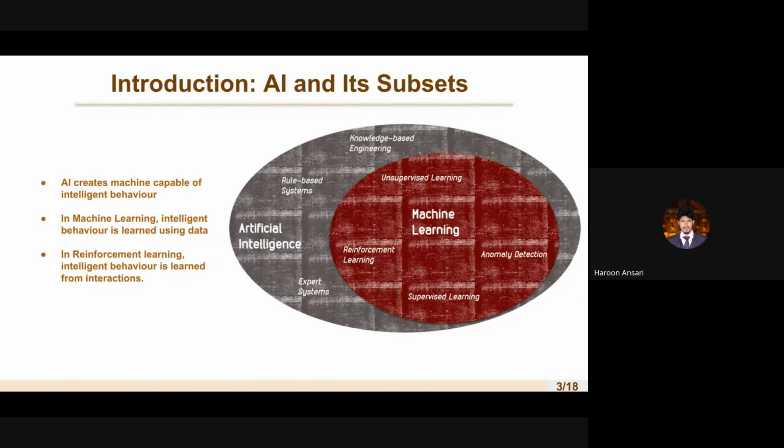Now, coming to reinforcement learning, in this we do not directly use supervised or unsupervised learning. It is rather a kind of learning that comes from repeated interaction with the data. For example, in supervised learning, we provide the labels, then we train the model using some algorithms, and we then try to predict new labels.